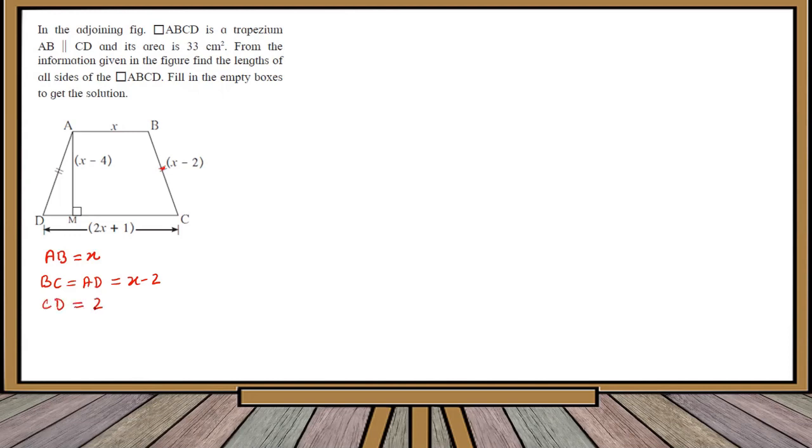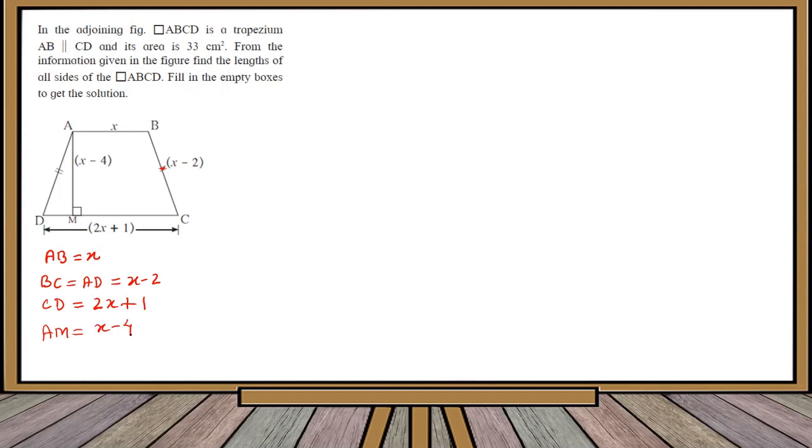And AM seems to be perpendicular to CD. So AM will be the height, whatever is the perpendicular, that's the height. So AM is equal to x minus 4. Okay, this is the situation.